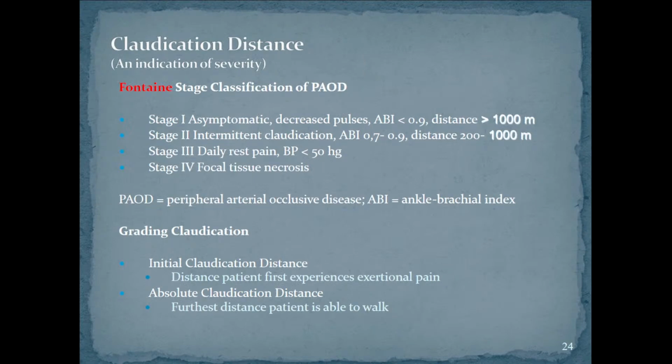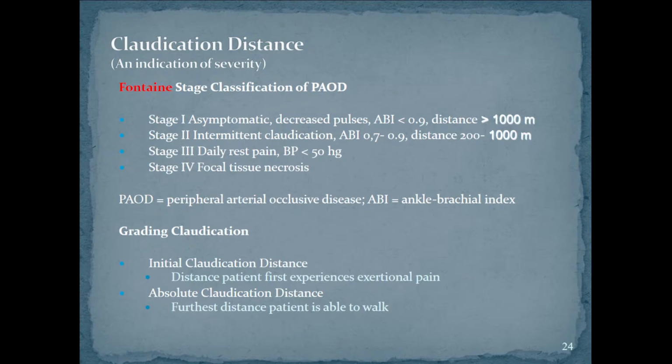Claudication distance is an indication of severity in many classifications, those which are used in Russia, in Europe, in the United States, and mostly all over the world. Fontaine stage classification of peripheral arterial occlusive disease.